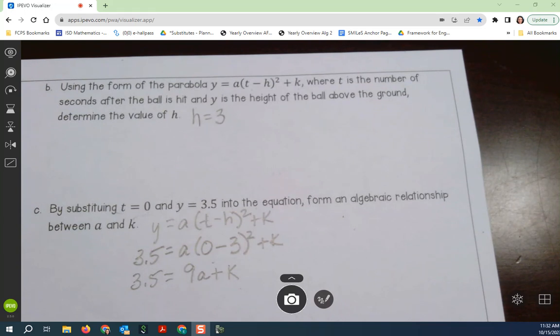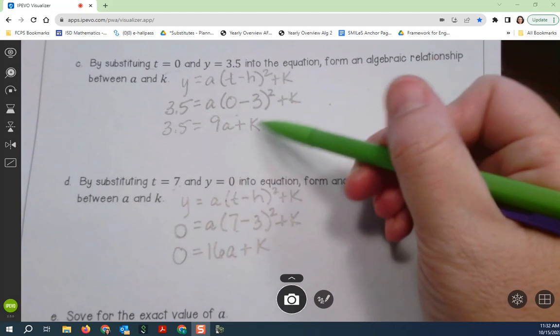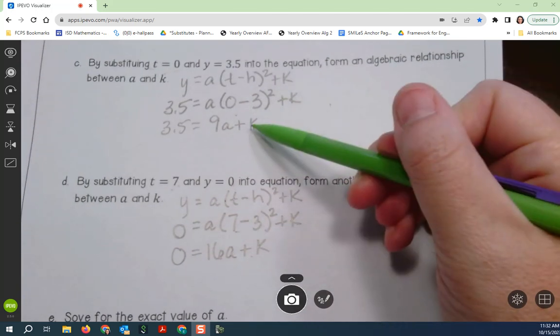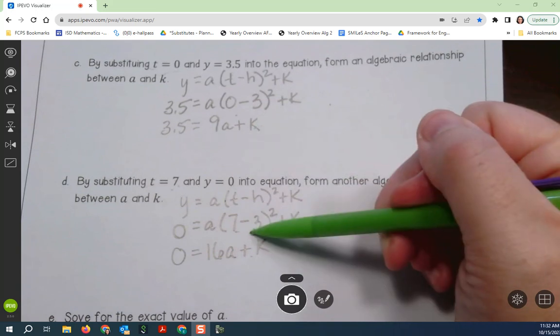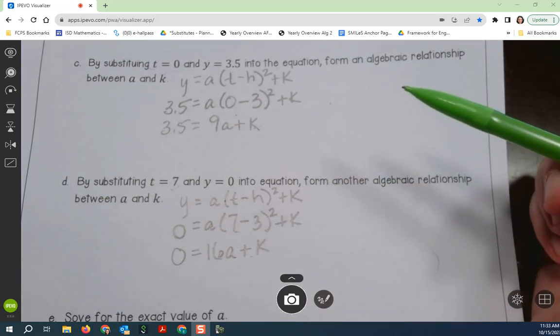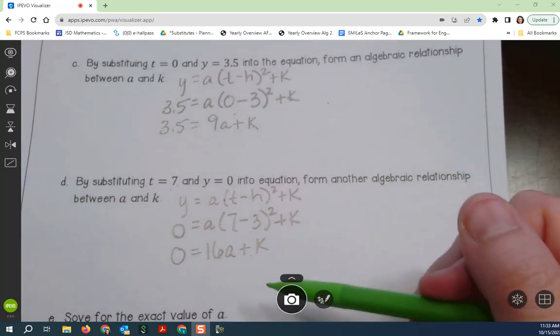And then it says to solve for the exact value of a. So we have two linear equations in terms of a and k. So we can solve the system of equations here. We can make them both equal 0, and then if they both equal 0, then we can set them equal to each other.